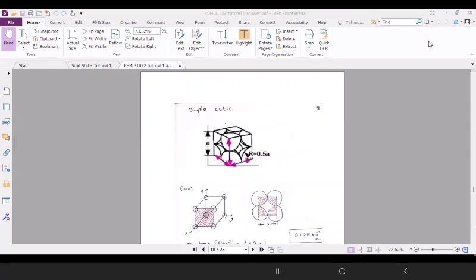BS53. Have you tried this question? Should I explain this question or can you understand this? Can you explain again, miss? Yeah, okay, then let me explain again.